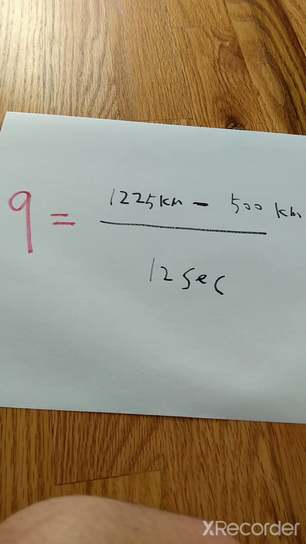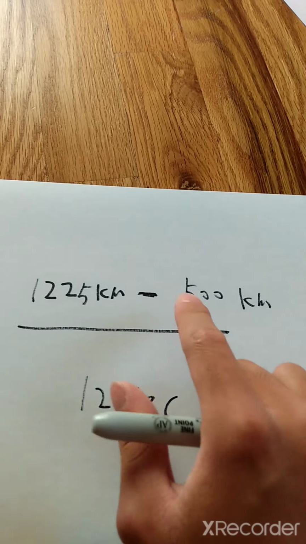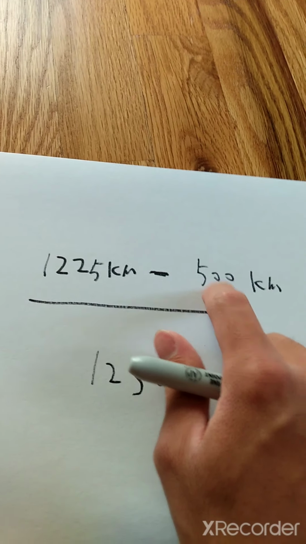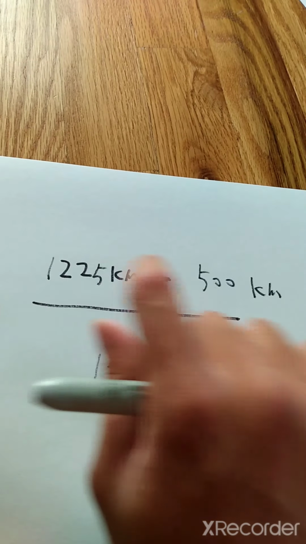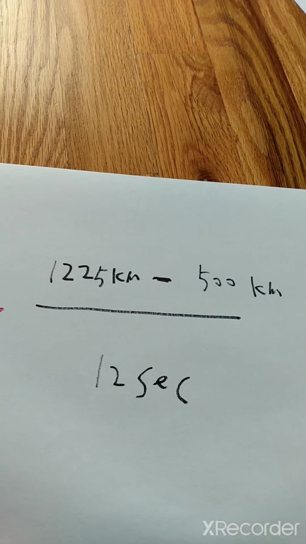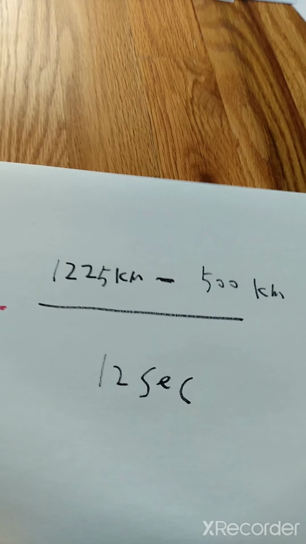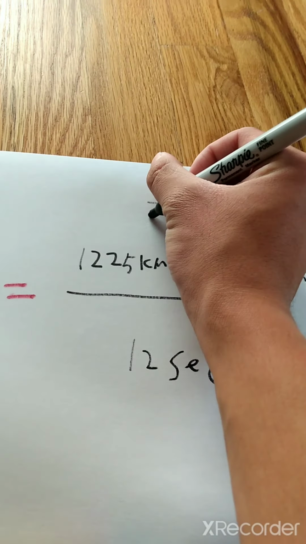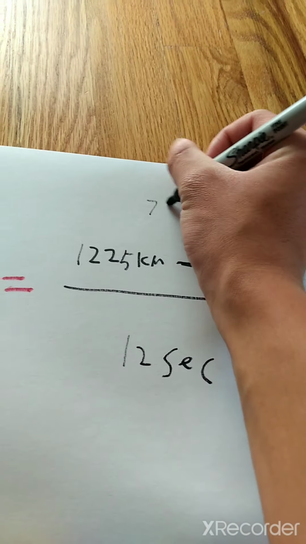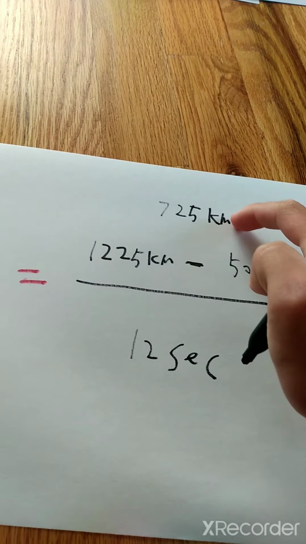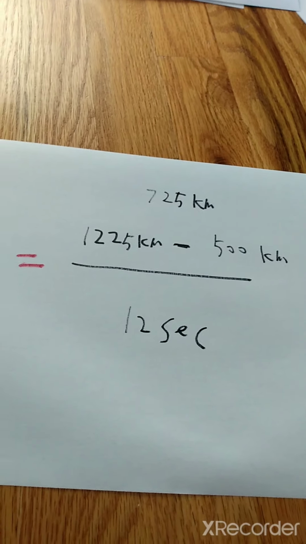The first thing to do is to find the difference between 500 and 1,225. The answer is 725 kilometers per hour. That is how much the speed of the Shinkansen increased.